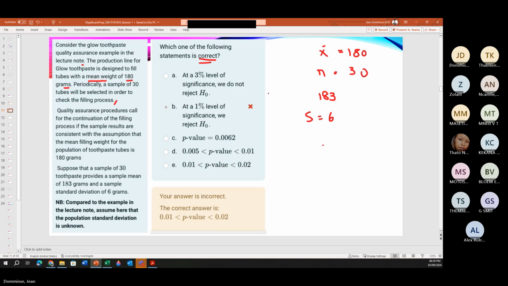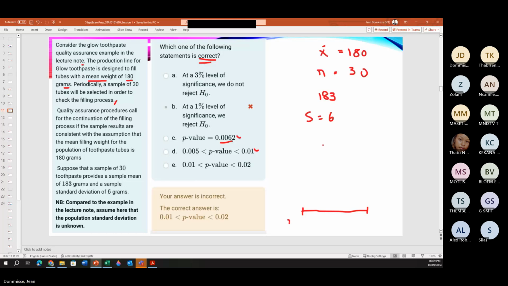Okay, so we're going to work it out, but let's first look at 0.0062 is between 0.005 and 0.01. Okay, so that one and that one can't be both correct because we're only looking for one correct answer. So if you look at those two in combination, here's the number line.